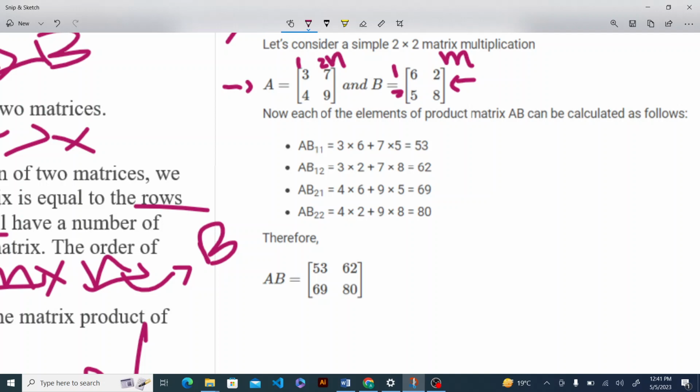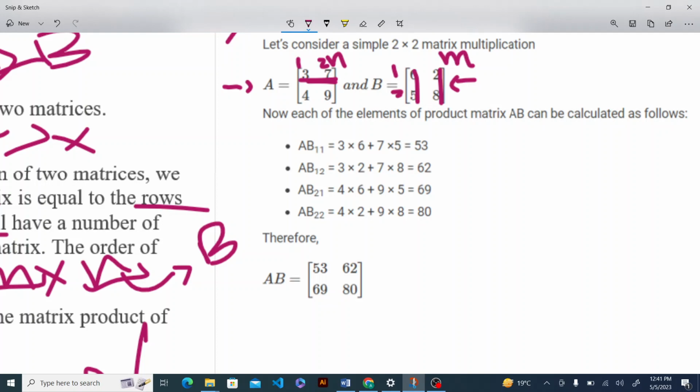The first step is that the first row will be multiplied with the first column, corresponding elements. 3 will be multiplied by 6, and then plus 7 will be multiplied by 5. Then the first row will be multiplied by the second column.